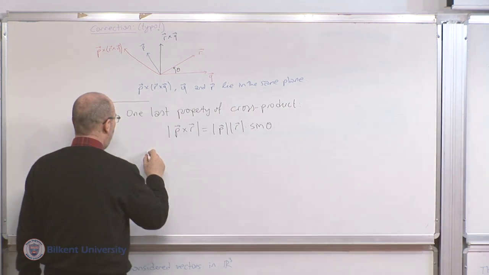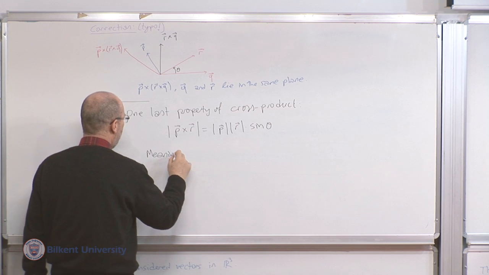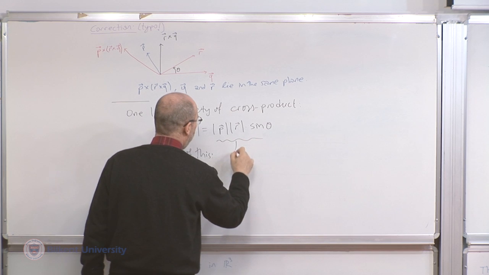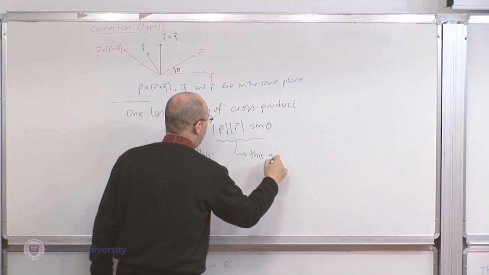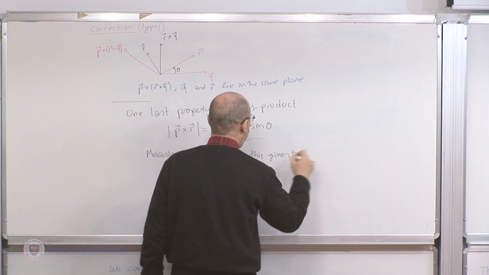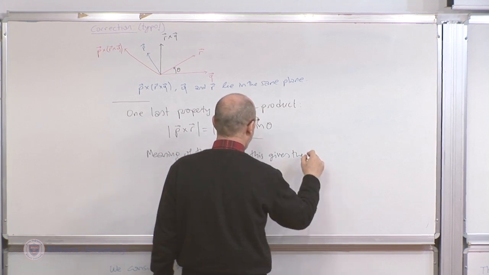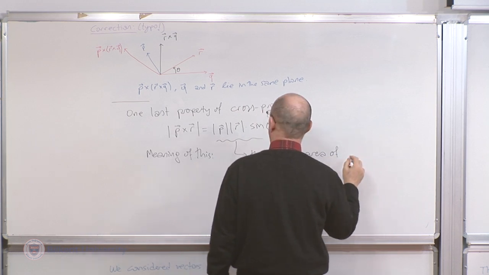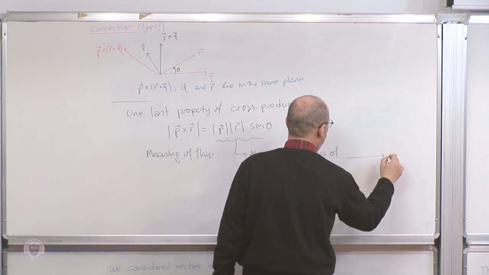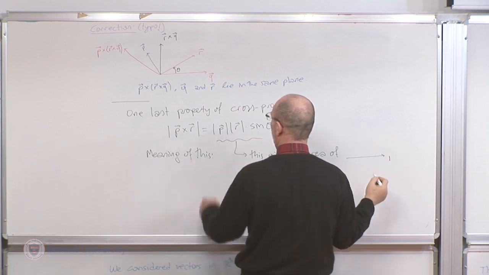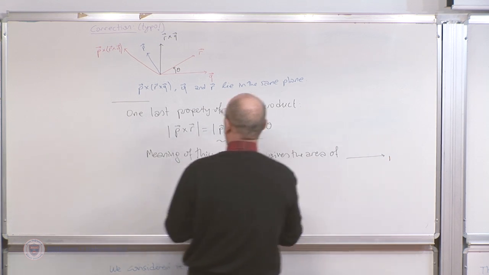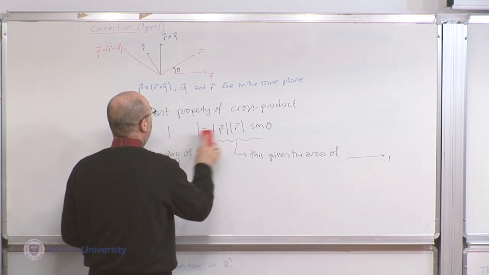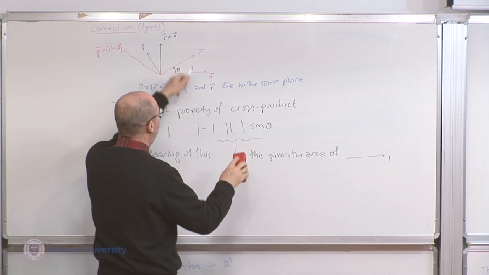So what is the meaning of this? This part gives the area of something. What do we get? This is P, this is P cross R. Let me change these things, let me make this again according to this.